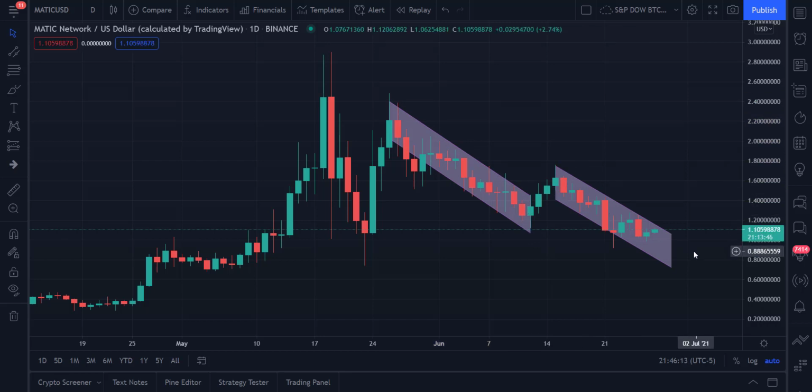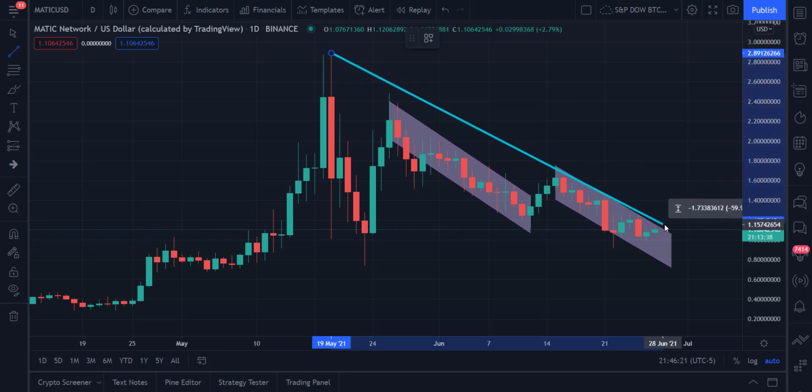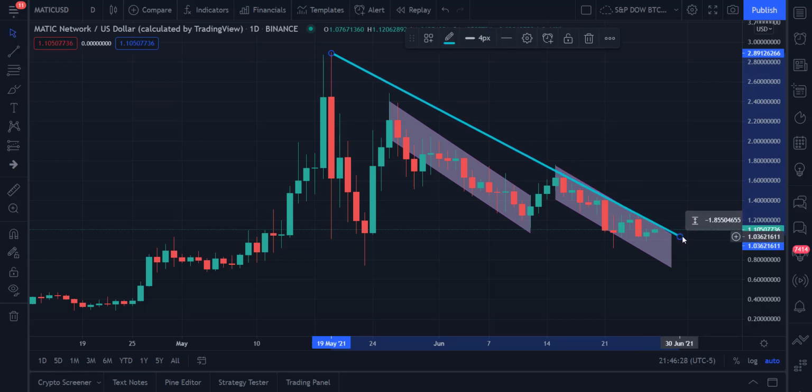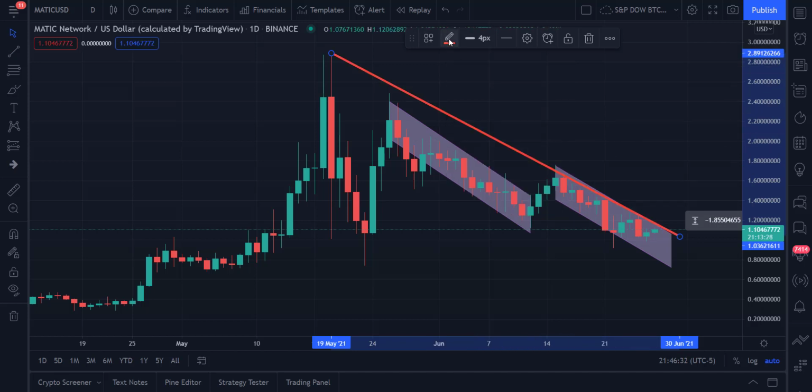So overall, with us heading so much lower, I would struggle actually to be a long advocate of this market right now. I actually think that is much more of a bearish trending support line.